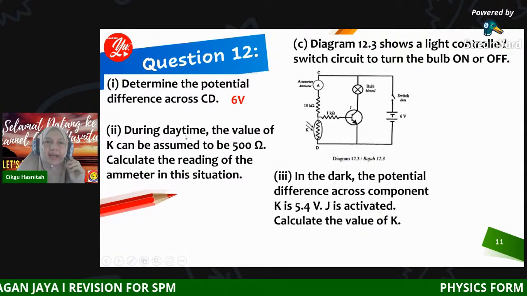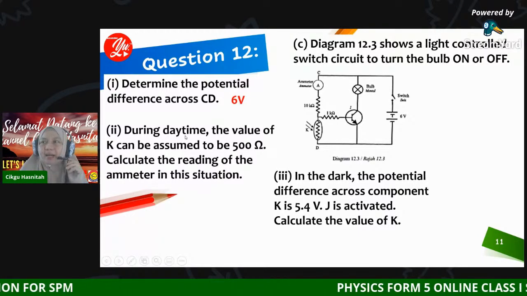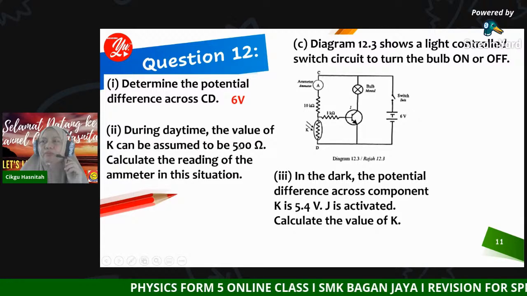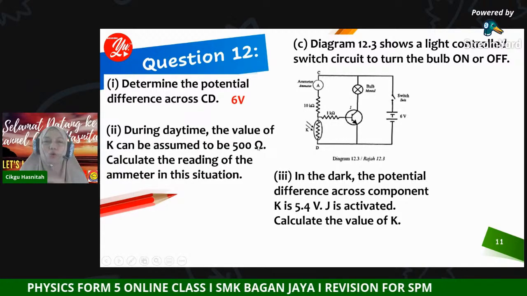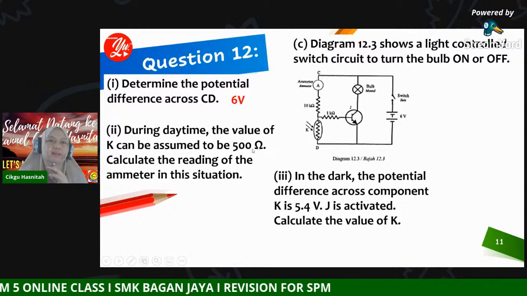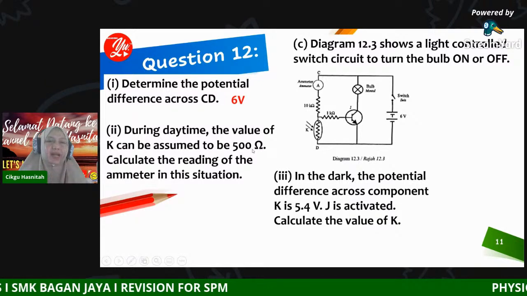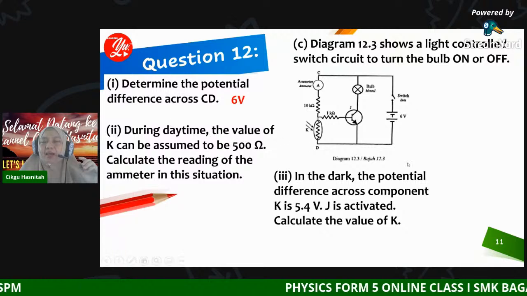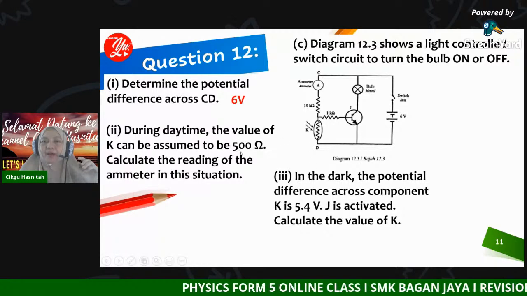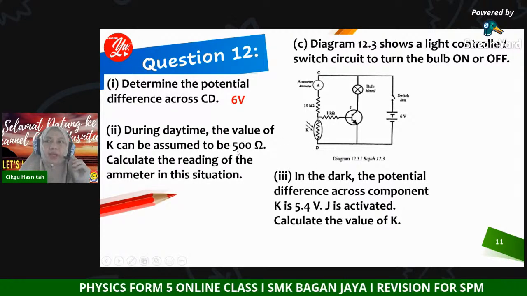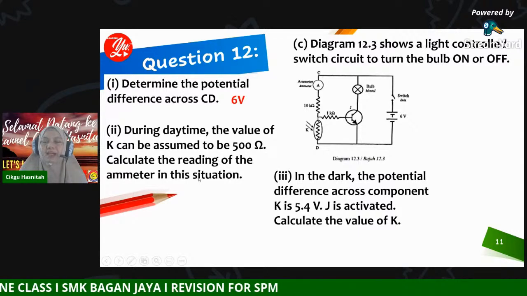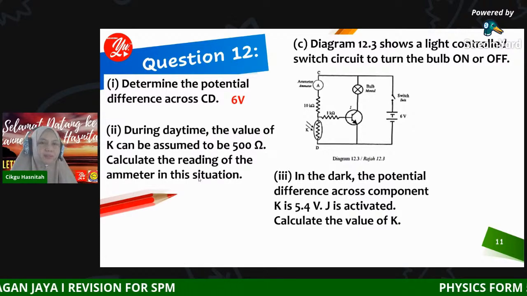Okay, so now question 2. During daytime, the value of K can be assumed to be 500 ohm. So this is the assumption we made during daytime. So during daytime, K can reach up to 500 ohm. And you have to calculate the reading of the ammeter in this situation.